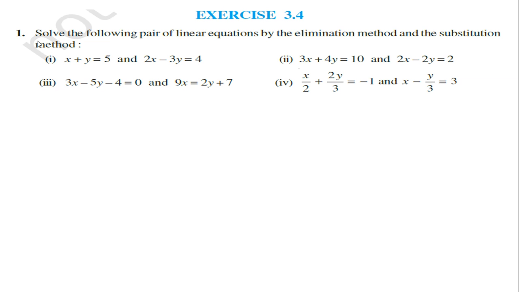Because the answers come directly, easily and by an interesting method, and there is less chance of a wrong answer. Substitution is a little bit boring, making a subject and putting that value. And the cross multiplication method comes in the next exercise, 3.5.